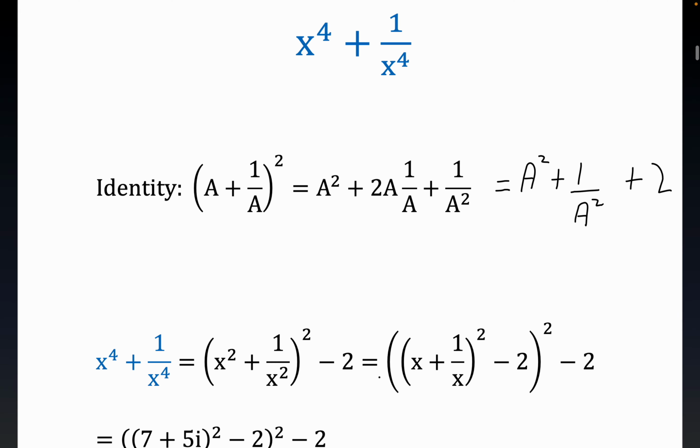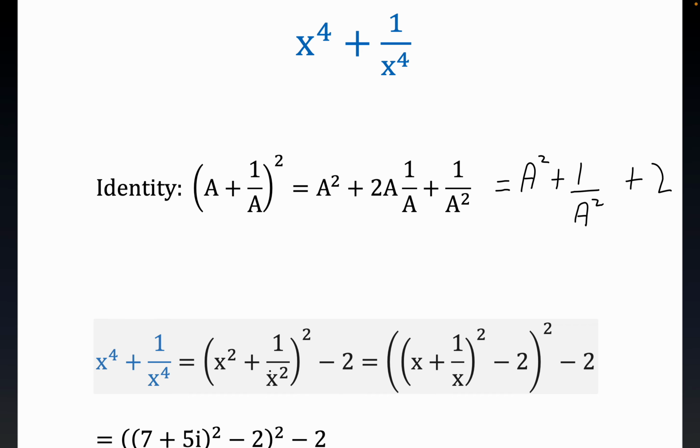The rest is just you literally use this thing twice, as you can see right here. Notice that if you subtract 2 over to here, you'd get exactly what this is squared. This statement is equivalent to using this identity when a is equal to x squared. But guess what?